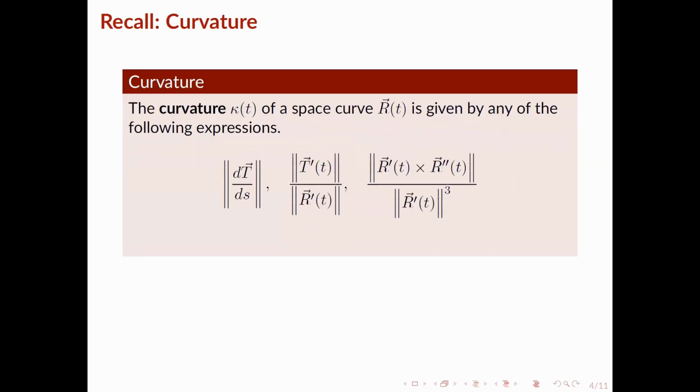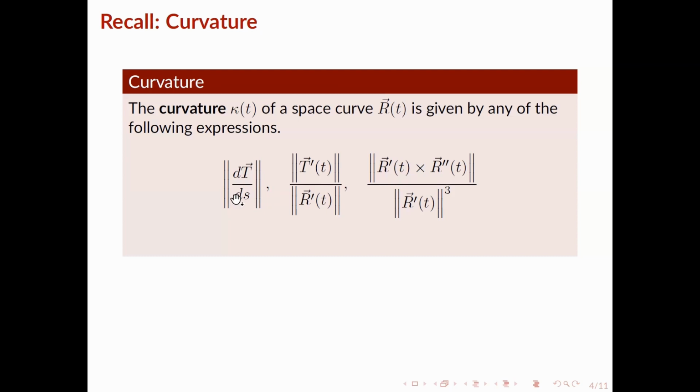Okay, how about curvature? The curvature kappa of t of a space curve R is given by any of the following equivalent expressions. The first is the magnitude of the unit tangent vector differentiated with respect to the arc length parameter. So in this case, you'd have to parameterize T by arc length first before taking the derivative and then the magnitude.